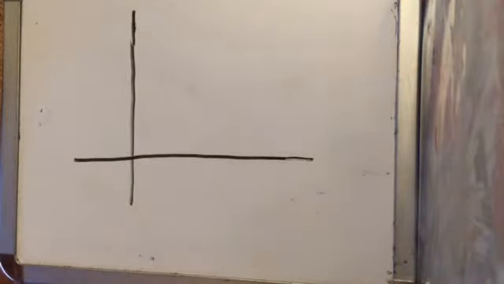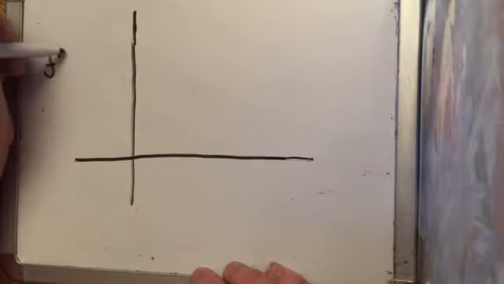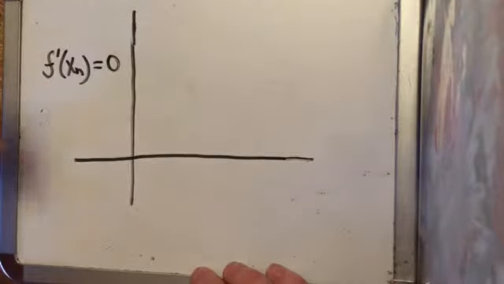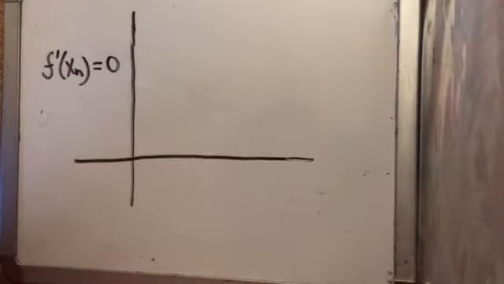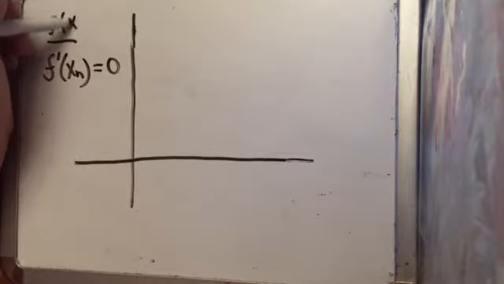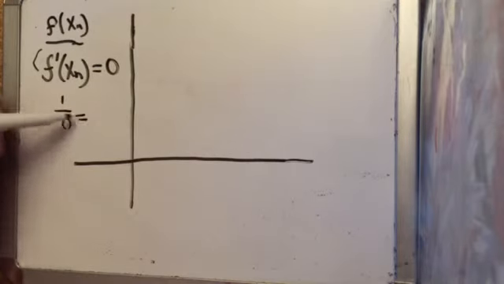Usually this means that it does not exist because f prime of x sub n equals 0, because we know that in the equation x sub n minus f of x sub n over f prime of x sub n, if the denominator is 0, then it can't exist.